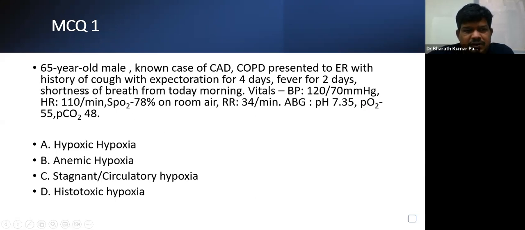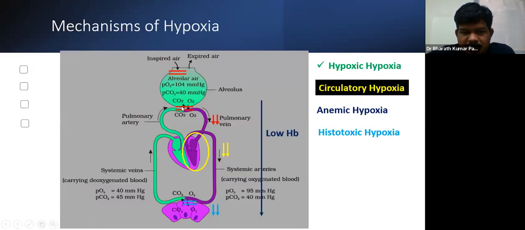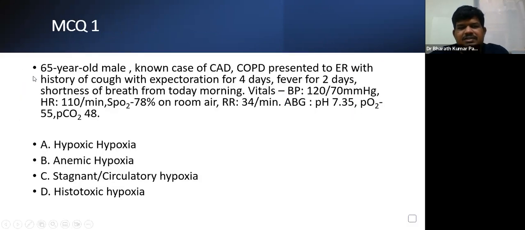When you see the history, there is history of cough with expectoration for 4 days with fever, shortness of breath. So we think in the lines of probable community acquired pneumonia, which means that there is a problem probably at the level of alveolus being flooded with material in the pneumonia that is causing hindrance in the gas exchange, which is because of hypoxic hypoxia. So the answer for the first question is hypoxic hypoxia, option A.